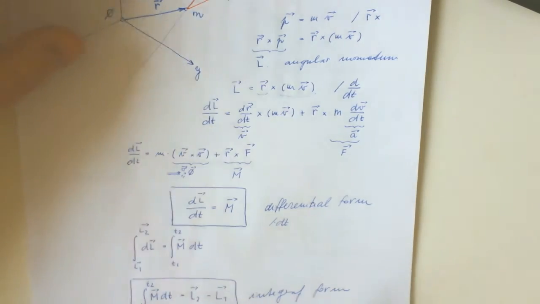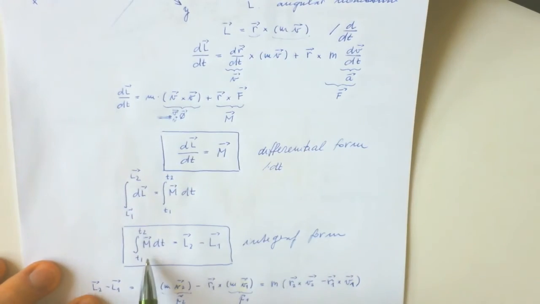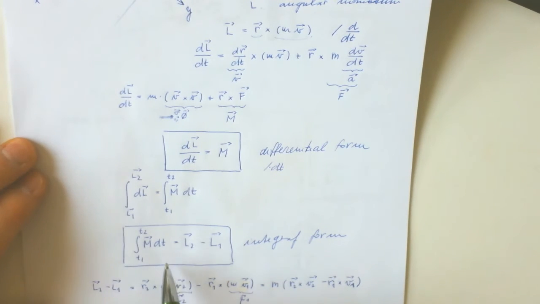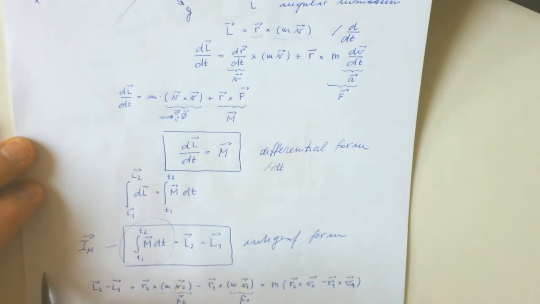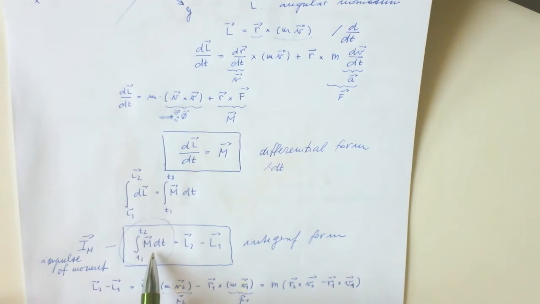So finally we get the law of change of angular momentum in integral form. This is an impulse of moment. The impulse of moment is equal to the difference of angular momentums, L2 minus L1.